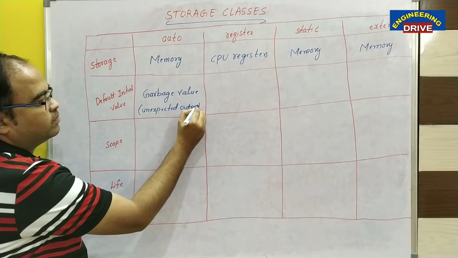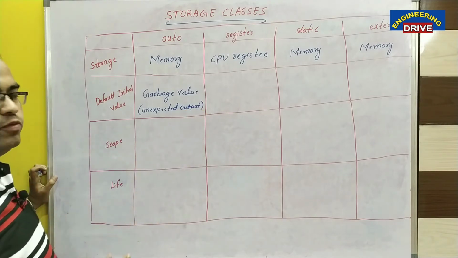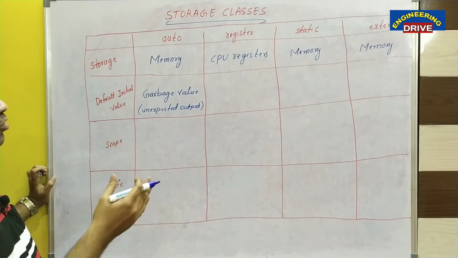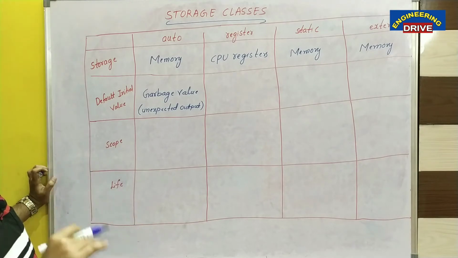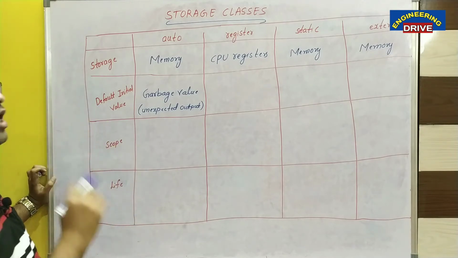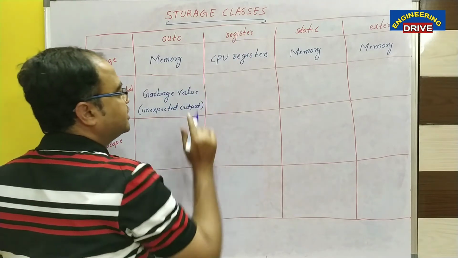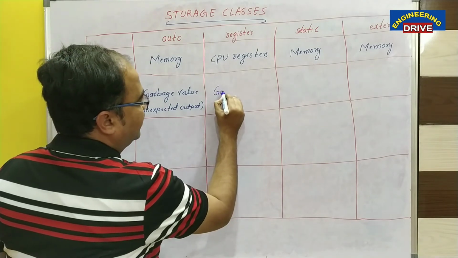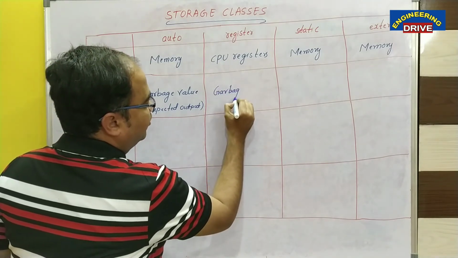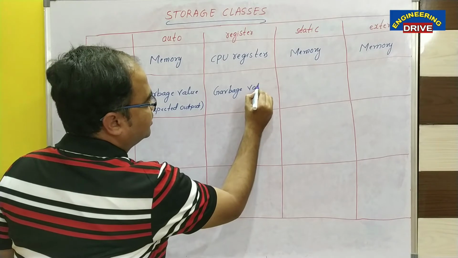Unexpected output or unexpected value, we can call it garbage value. So the computer will generate the garbage value for which storage class? Auto. Now if you use register storage class also, we will get garbage value as the default initial value.